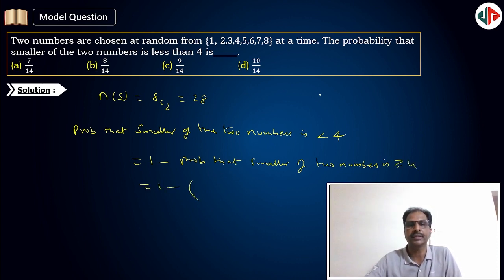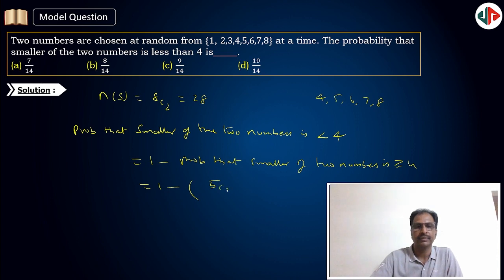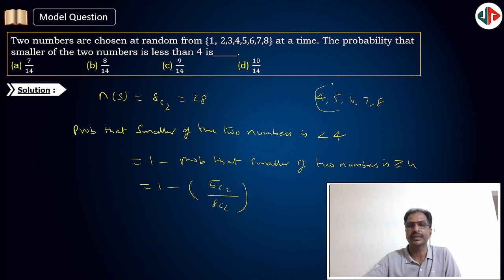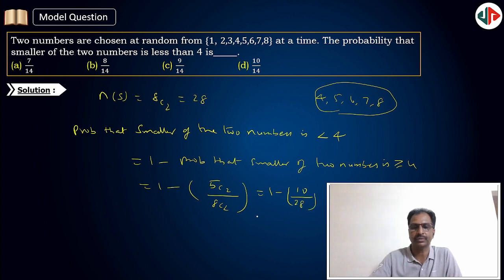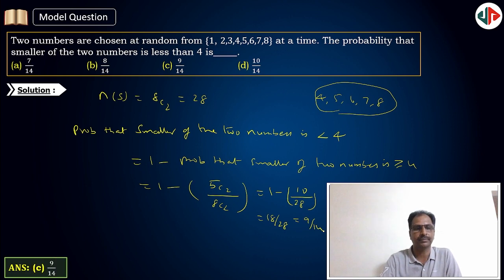What are the numbers greater than or equal to 4? 4, 5, 6, 7, 8. So 1 minus 5C2 by 8C2. You can select any two from these. 5C2 is 10, 8C2 is 28. So 18 by 28, or 9 by 14. Option C.